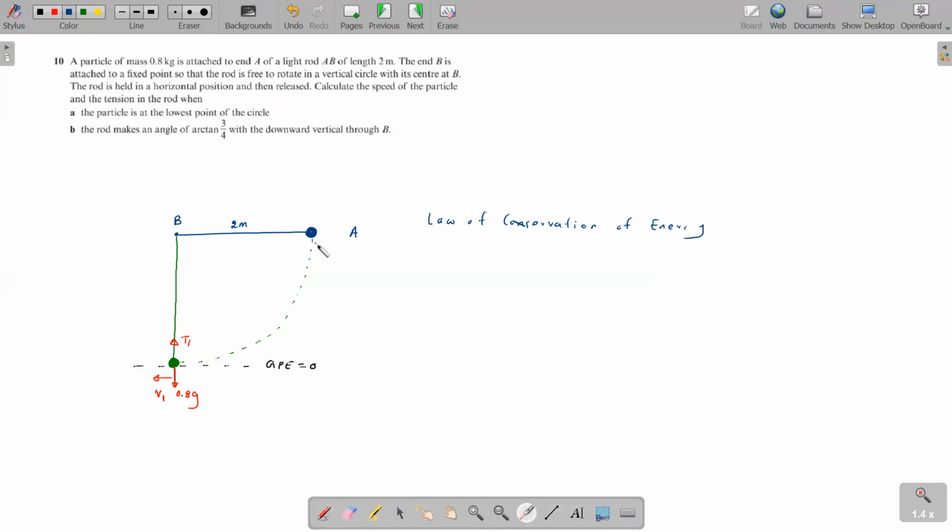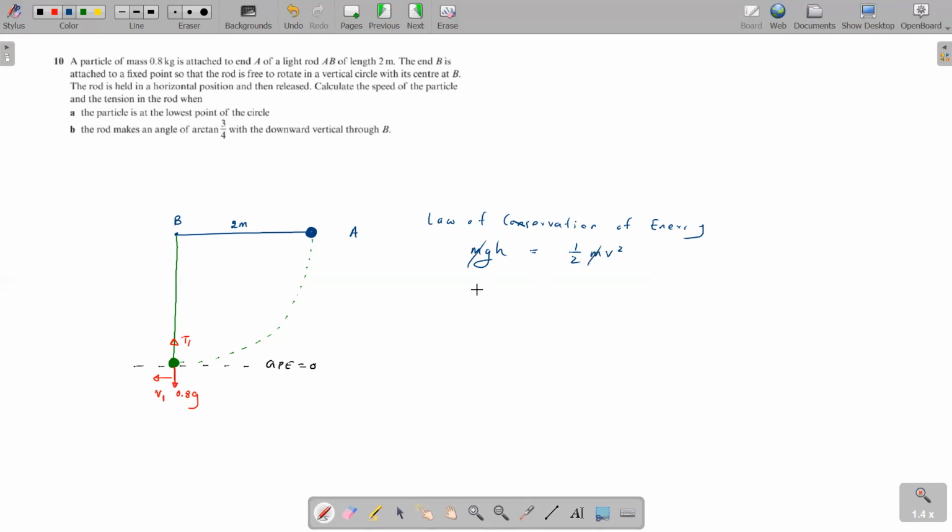There's no initial speed, because they're simply releasing. So let's apply the law of conservation of energy. At point A, you have the mgh, the GPE, equal over here to half mv square, because at point A you don't have any speed.